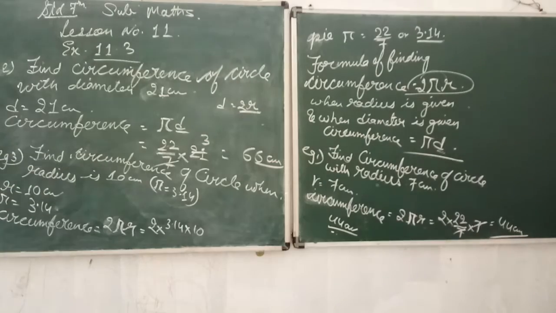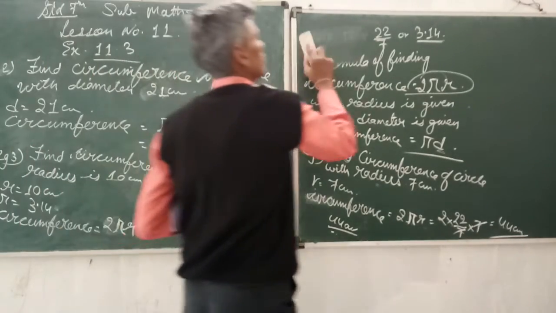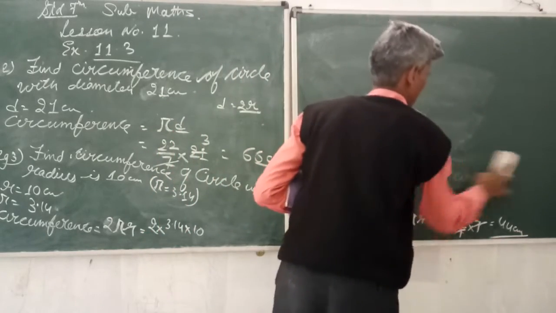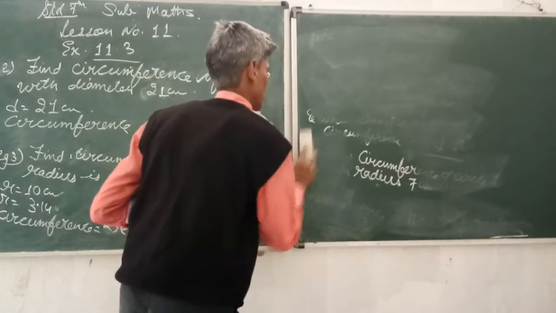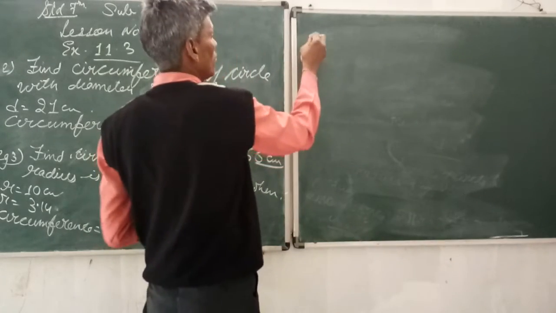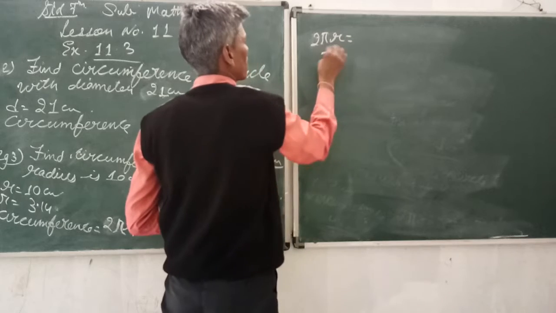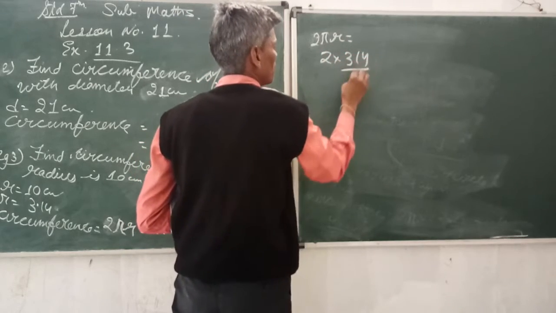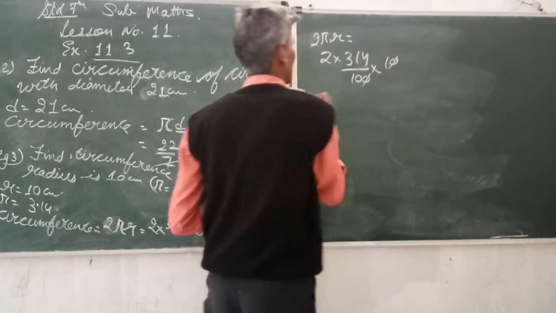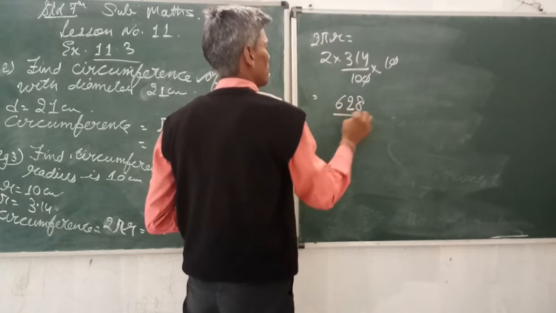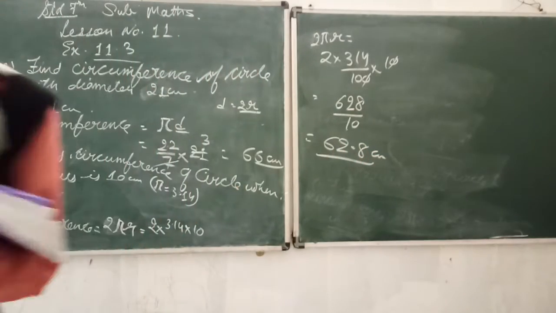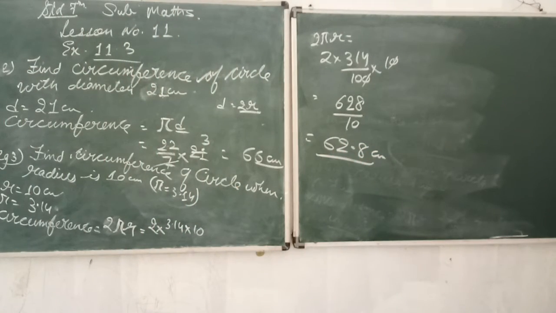Now to remove this decimal, we put 100 because there are two digits after the decimal. 0 0 cut. 2 4s are 8, 2 1s are 2, 2 3s are 6, upon 10. 62, there is one decimal. That means 62.8 centimeter. This way you can solve this sum.